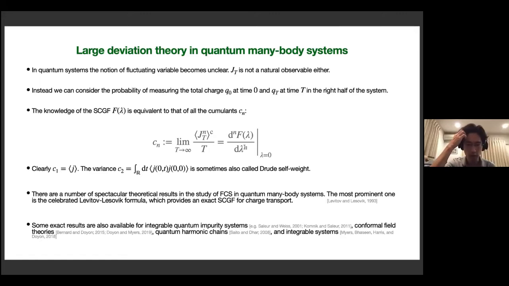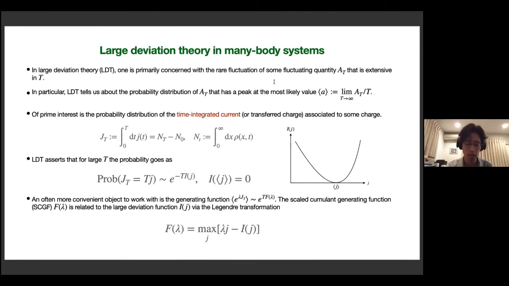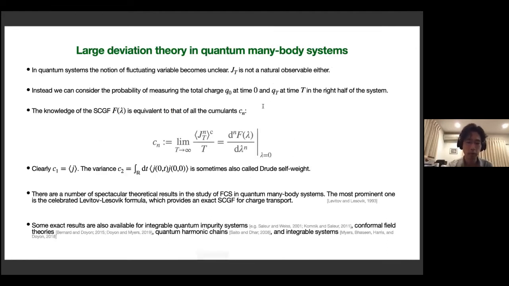Okay, in the quantum case, which is the case I'm primarily interested in, the notion of fluctuating variable becomes kind of less clear, and also J_t is not really a natural observable because it's integrated over the time, and it's not a local observable. But still, you could sensibly define something like this. I mean, this kind of probability distribution by measuring the total charge Q_0 at time 0 and Q_t at time t in the right half of the system.